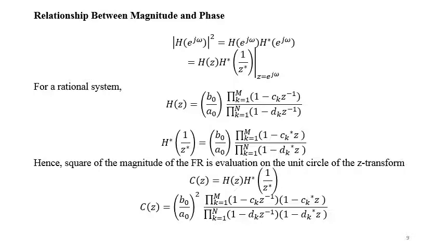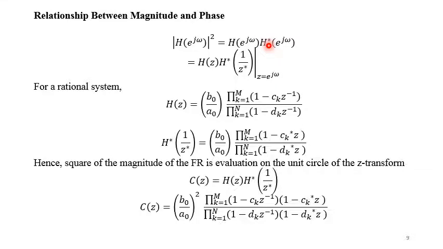To explore the possible choices of the system function given the square of the magnitude of the system frequency response, we consider the squared magnitude. From the previous discussion, it can be written as the product of H of e^(j omega) and H conjugate.